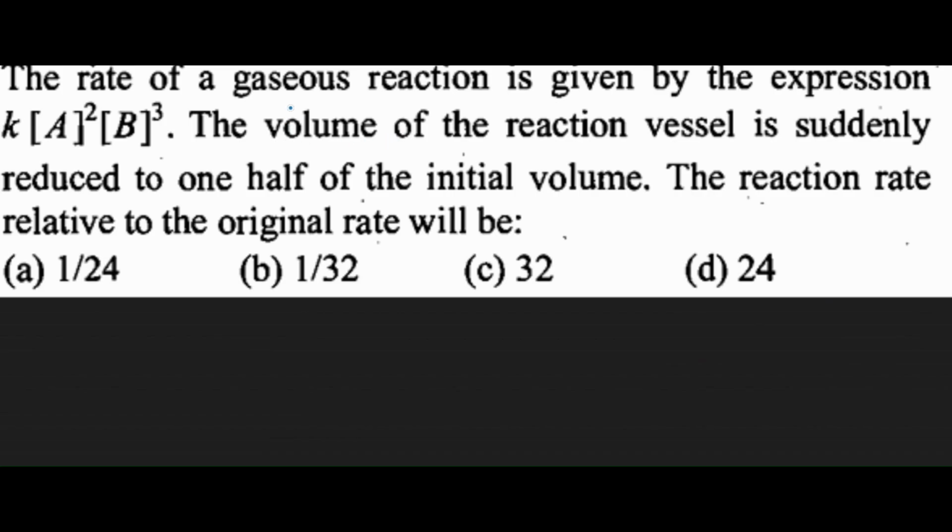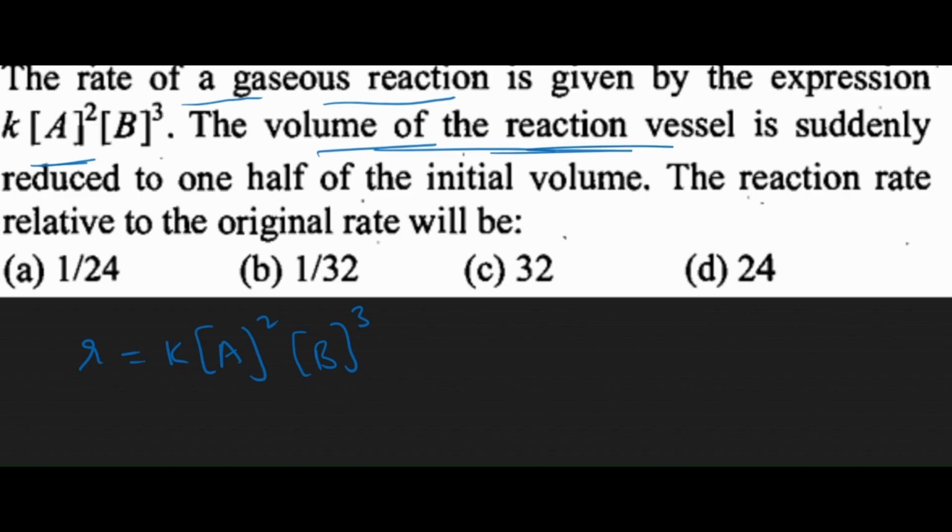Now let's see one more numerical. Here the rate of a gaseous reaction is given as K into A square into B to the power of 3. For this reaction, the volume of the reaction vessel is suddenly reduced to one half of the initial value.